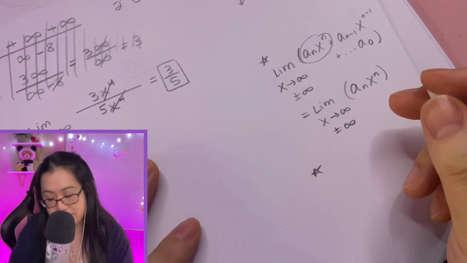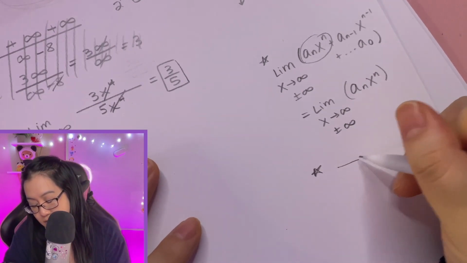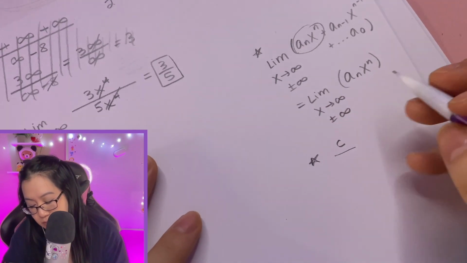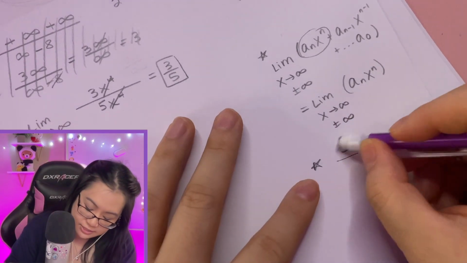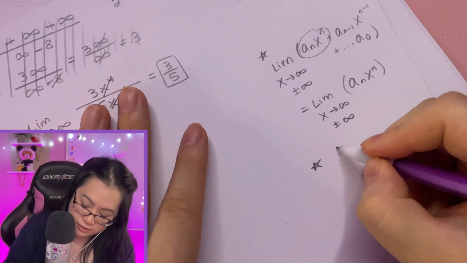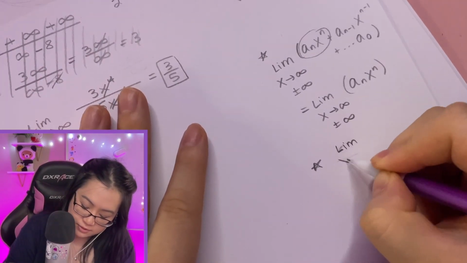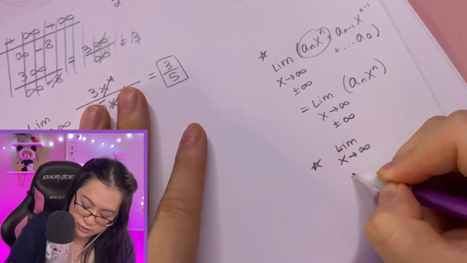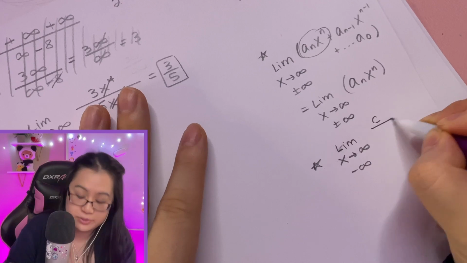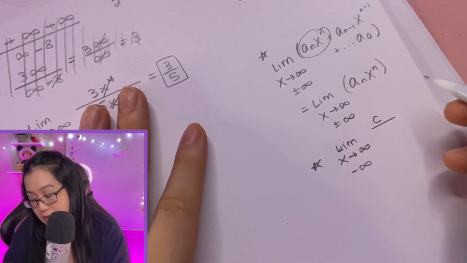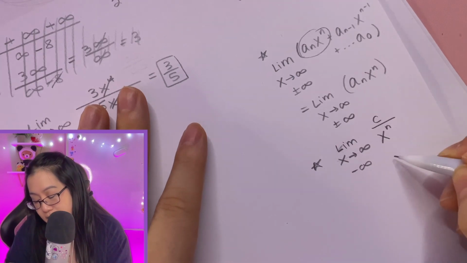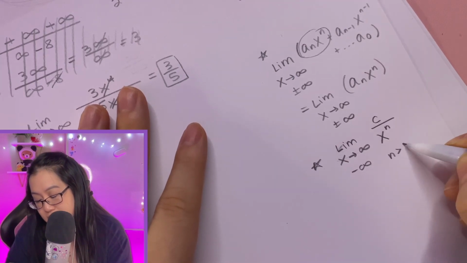Then the other thing that we will be needing is if we have x to the n in the denominator and we have a constant on the top. So the limit as x approaches positive or negative infinity of a constant on the top, and it's okay if it's positive or negative, over x to the n, where n is positive.